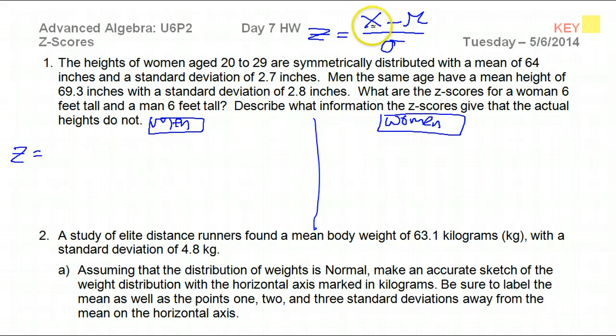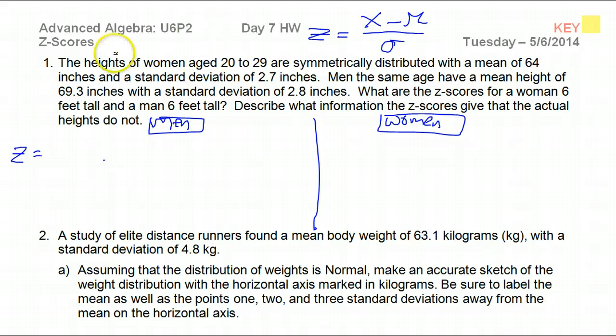In both cases, the x value is the 6, so our actual value is 6 feet tall, minus the mean. Men have a mean height of 69.3 inches. Oh, wait, that was pretty silly. Here this is in inches and this is in feet, so I definitely need to convert that.